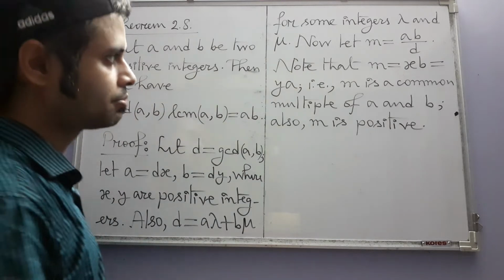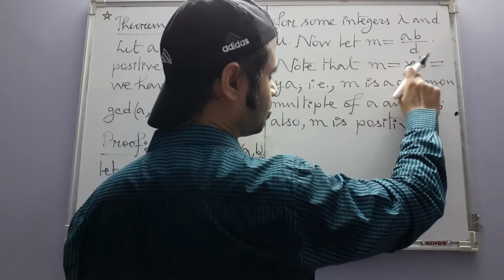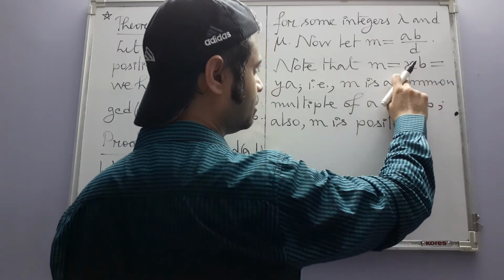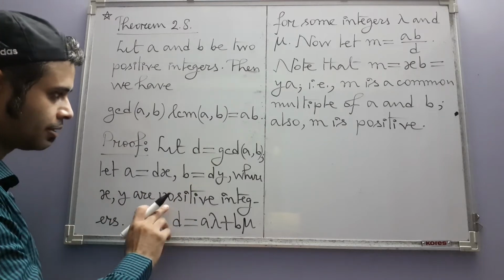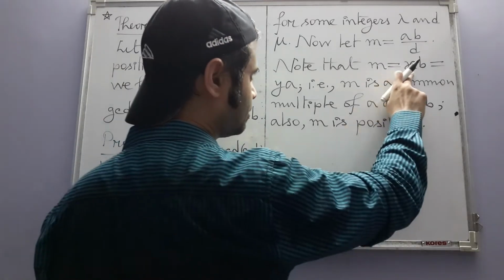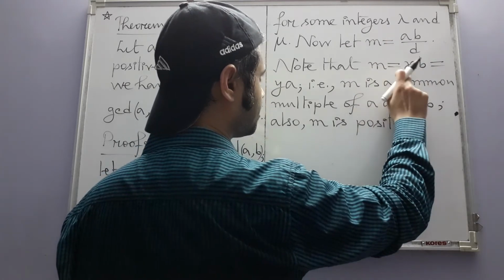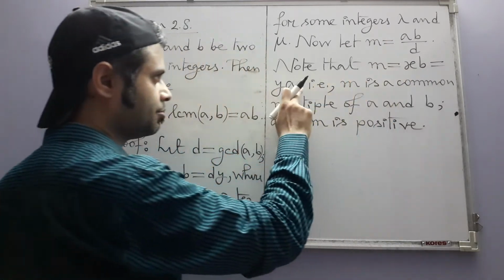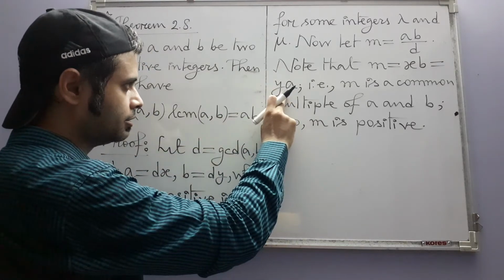M is a common multiple of A and B because we have realized M as a multiple of B here, and that is because x is an integer, and in fact x is positive also, although the positivity here does not play any role. So M is a multiple of B, just like that M is a multiple of A also, an integer multiple, because Y is an integer.